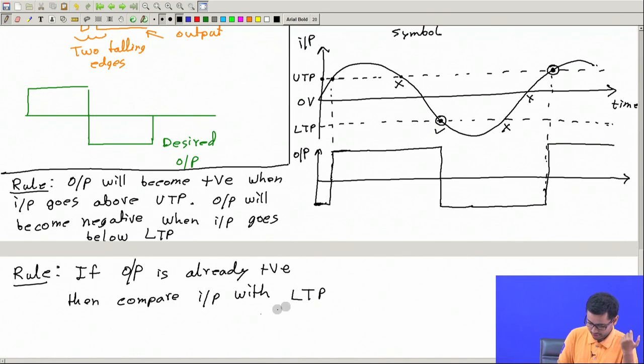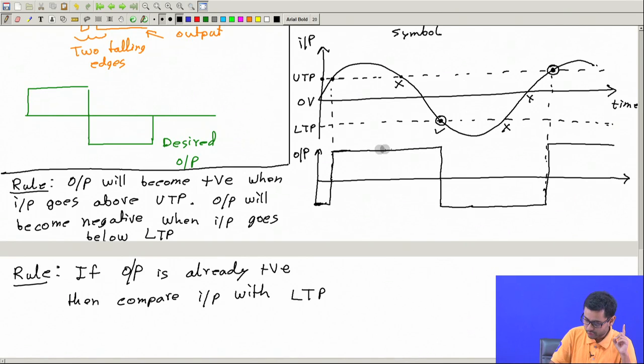This is lower trigger point. If the output is already positive, then compare the input with lower trigger point. Okay, so like here in this region, consider this region. So here this is positive output. So now whether to change the output or not will be decided by comparing the input with the lower trigger point, not with the upper trigger point, not with the 0 level.